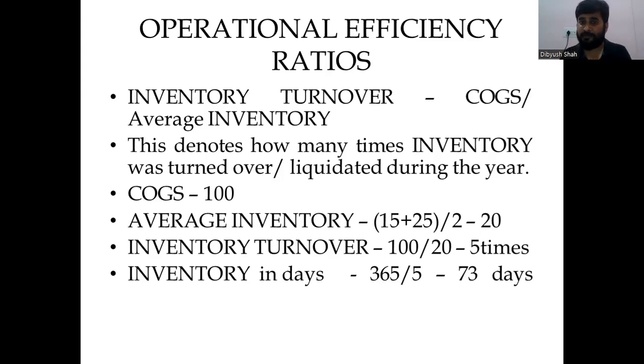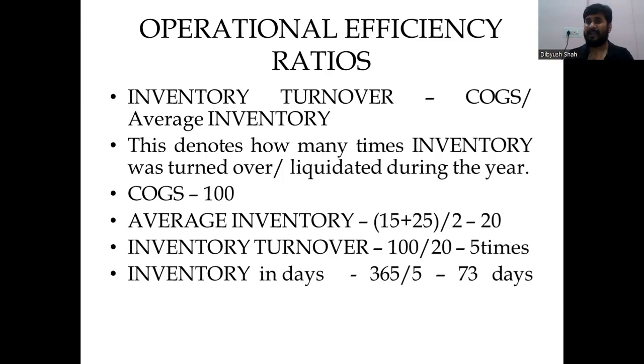Cost of goods sold 100 divided by 25. It would have come to 4 times, and my inventory in days would have been more than 90. But is it correct? No, some inventory was also outstanding in the beginning, which I had also liquidated. That is what happens in these ratios. That is why we do not take the ending balance.